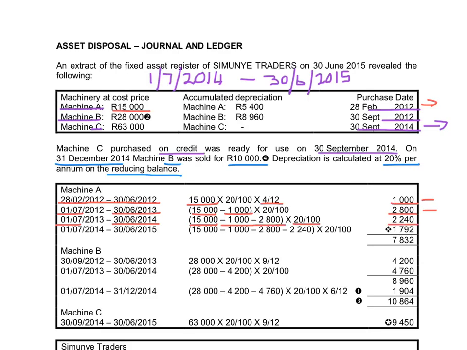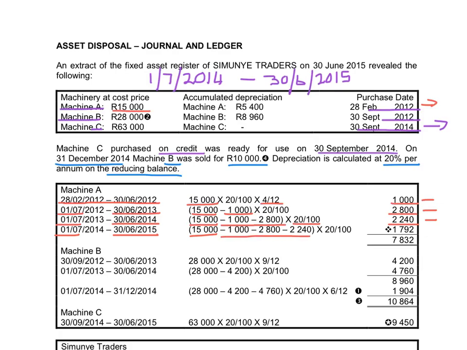In the current year, we will use it from the 1st of July 2014 up to 30 June 2015. Cost price 15,000 minus all the accumulated depreciation, 1,000, 2,800 and 2,240.